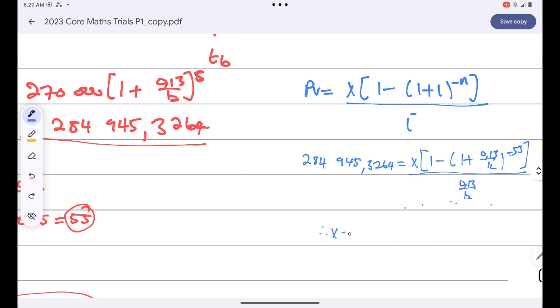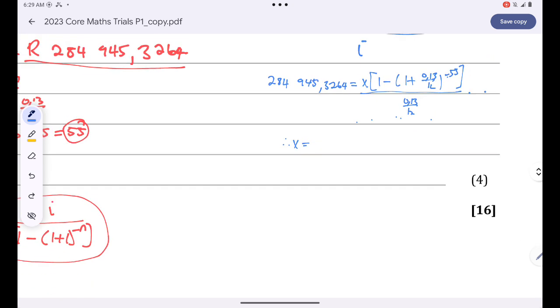Therefore, we can simply say X is equal to the present value, which is just 284,945 rands, 3264 cents, multiplied by 0.13 over 12 divided by the bracket 1 minus 1 plus 0.13 all over 12 to the power of negative 55.